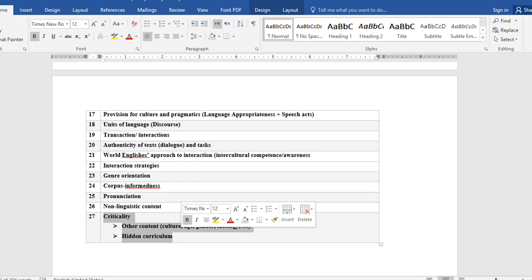The important point is that does the textbook help you to read the words of English, or does the textbook help you to read the world? Reading the words or reading the world.